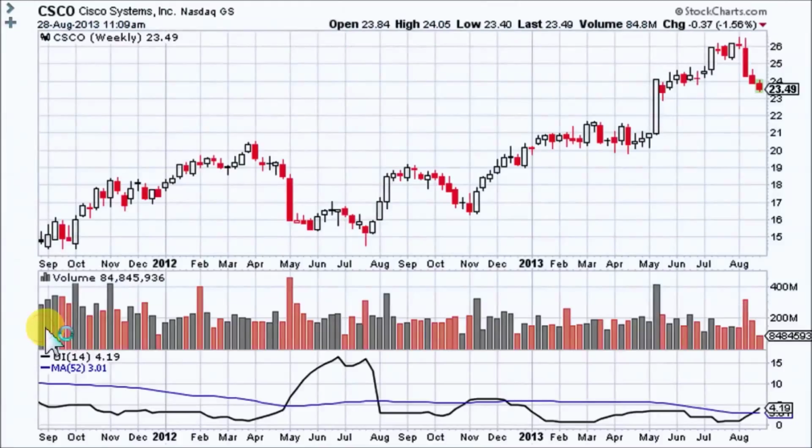Let's go ahead and click Update, and the UI at 14 on Cisco here has a reading of 4.19, and it is above the 1-year moving average of 3.01. As you can see, it's well above its average right here on this drawdown. It actually was topping out at over 15%.